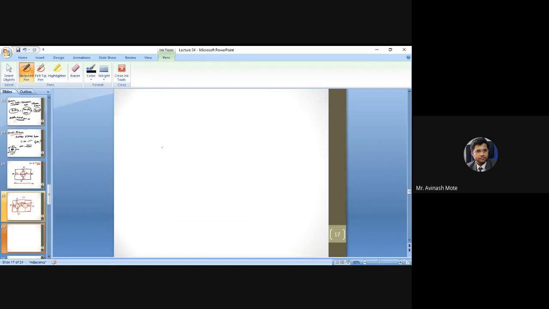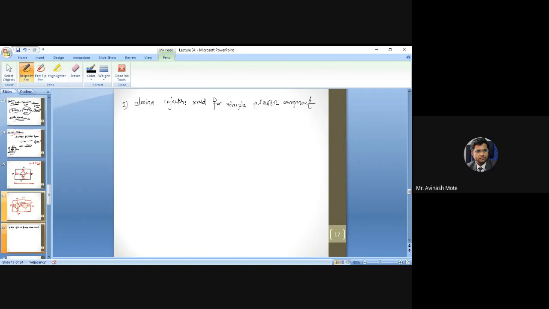Okay, so let's solve the problem and you will understand the entire procedure. The problem is also from a university question paper, the same problem we are taking. So we have to design an injection mold for a simple plastic component.